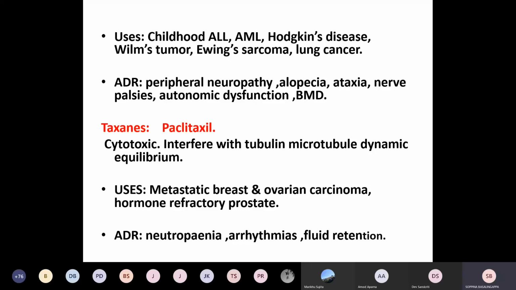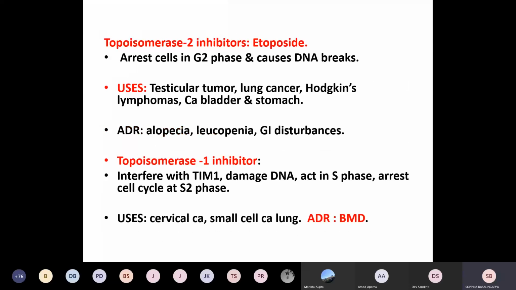Taxanes, example paclitaxel, cytotoxic. It interferes with tubulin microtubule dynamics. Uses: metastatic breast carcinoma, ovarian carcinoma. Adverse reactions: neutropenia, arrhythmias, fluid retention, etc.